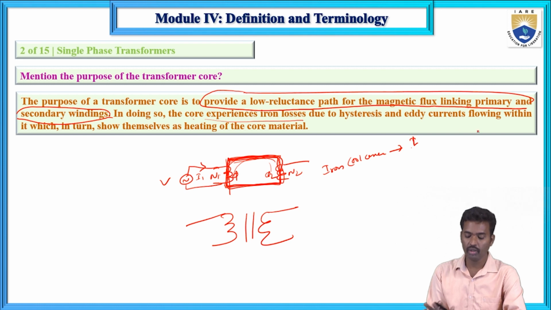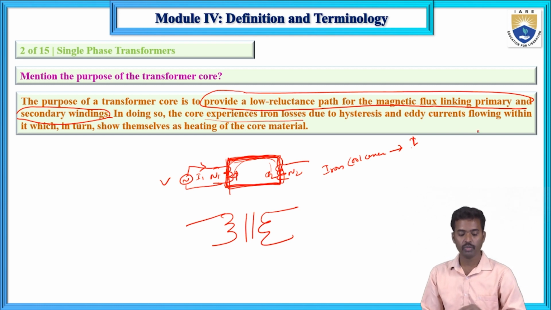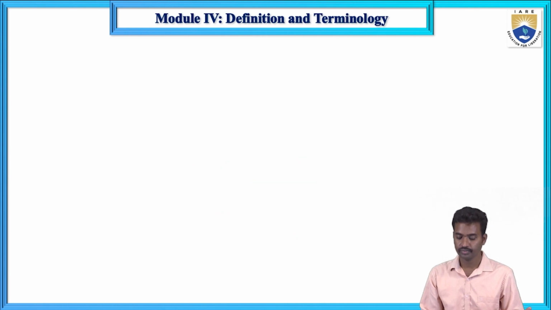So the main purpose of the transformer core is to provide the low reluctance path. The drawback of this core is that it generates iron losses, core losses, that means hysteresis losses and eddy current losses.